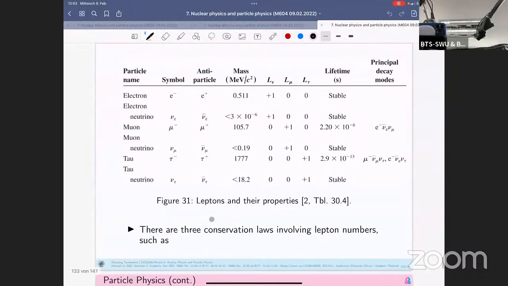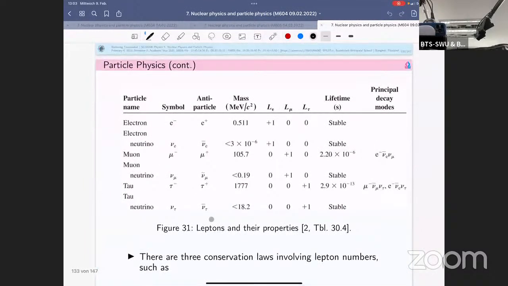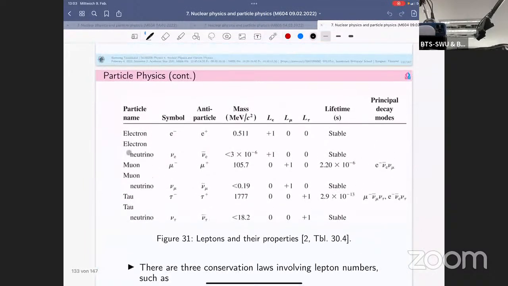Let's get into the details of leptons. The first one is the electron, denoted by e with a superscript minus on the right-hand side, and e plus is the positron. The mass for both is 0.511 mega electron volt per c square.